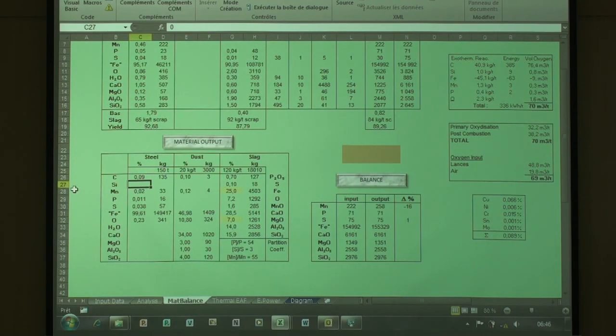Silicon is assumed to be 0 because we are oxidizing. We are not in case of stainless steel. Mangan is calculated by the mangan balance. You see here, you have the coefficient, partition coefficient of phosphorus, sulfur and mangan.